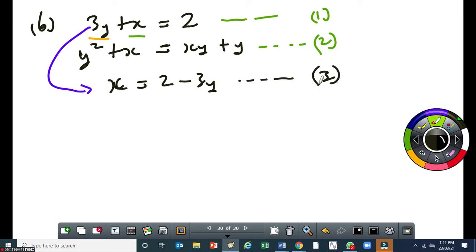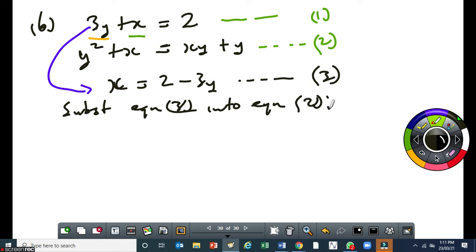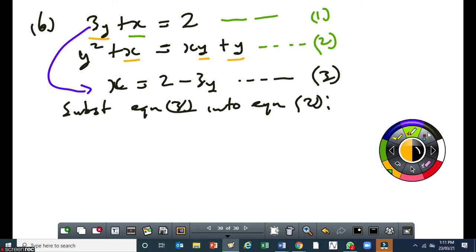Then, by substituting equation 3 into equation 2, where there is x here, where there is x there, we'll put 2 minus 3y. Where there is x there, 2 minus 3y. Where there is x there, 2 minus 3y.